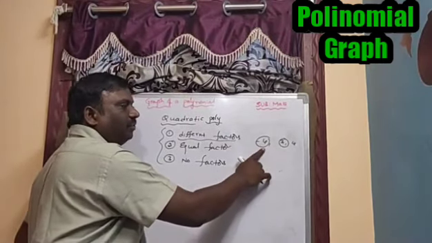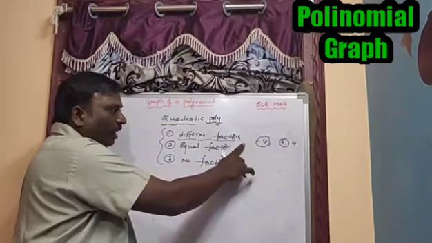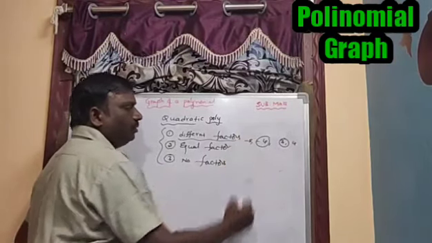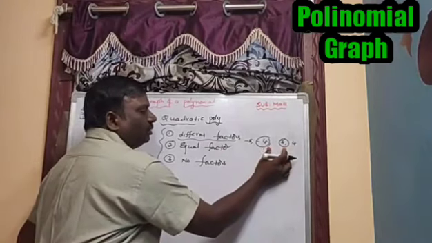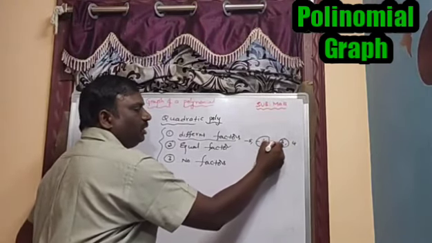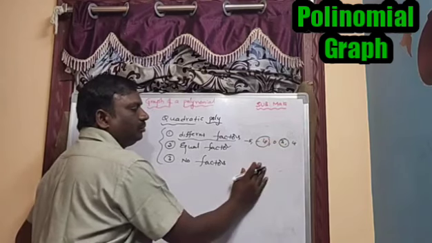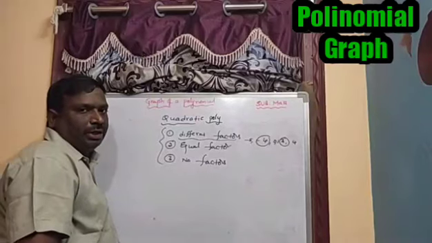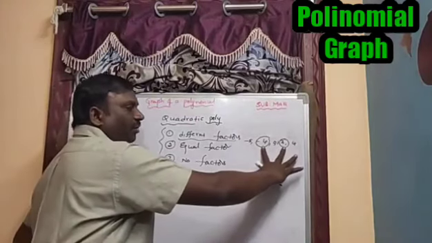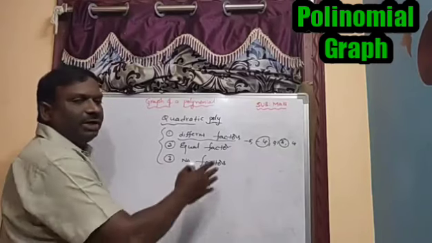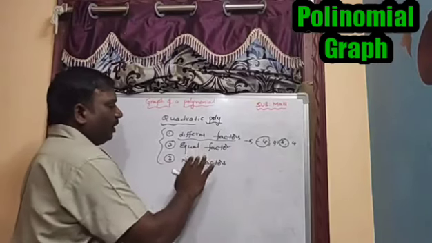Before minus 4 you can take one number, minus 5. In the middle of these two, you can definitely take one or two values, that is 0 and 1. So if you know the different factors, then you can identify the remaining values easily.